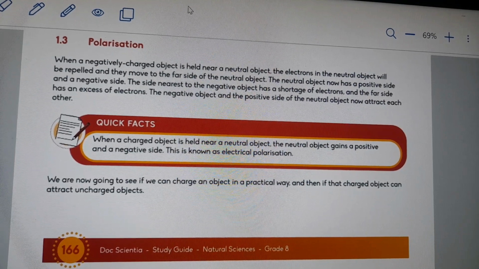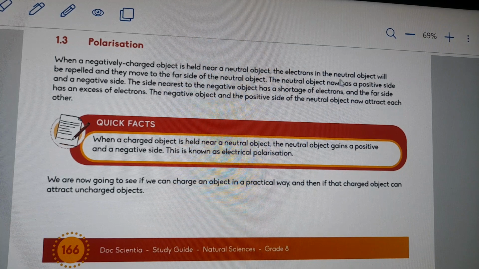Now we look at section 3 of static electricity that covers polarization. When a negatively charged object is held near a neutral object, now we have a negatively charged object, which means it has more electrons, held near a neutral object.